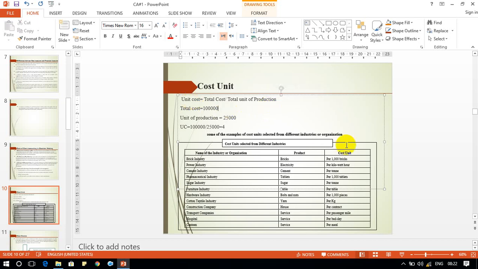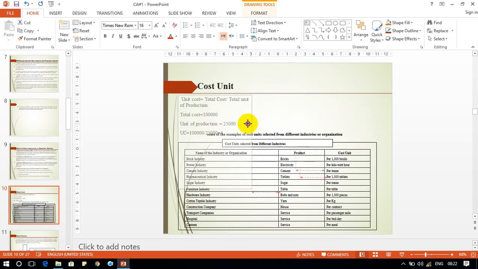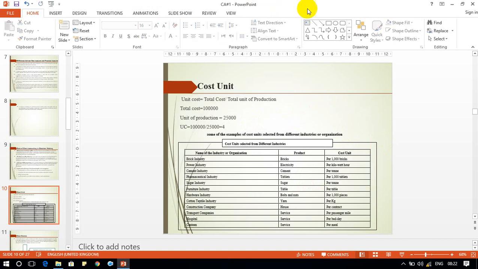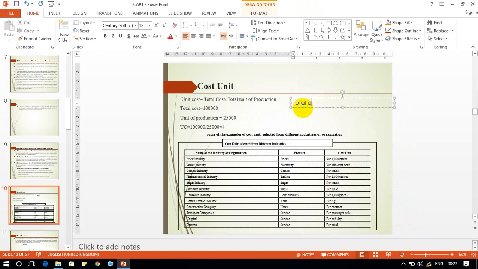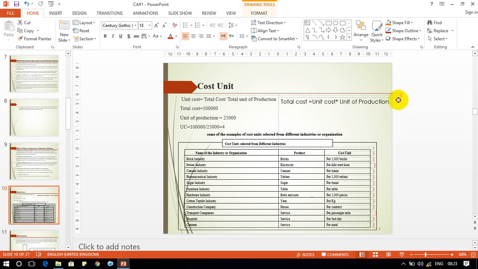Suppose the unit cost is given to you, and you need to calculate the total cost. What is the formula? Total cost is equal to unit cost multiplied by units of production.